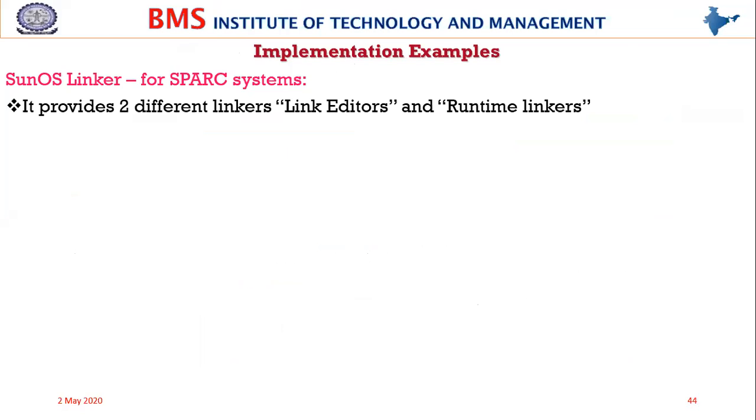Then we discussed in detail the MS-DOS linker called LINK, which has many sets of records to specify the segments, the object code, and the modification records, which can be used in different ways to link the object code.